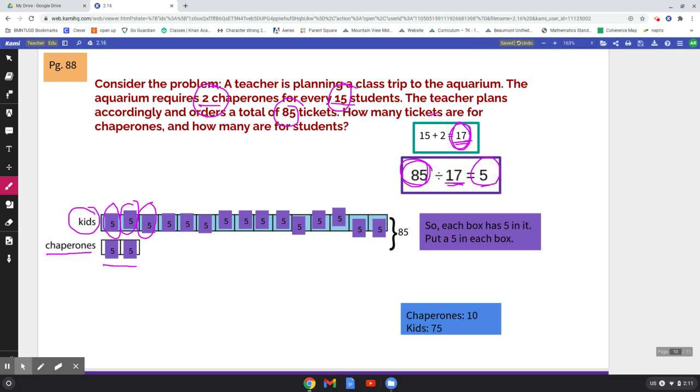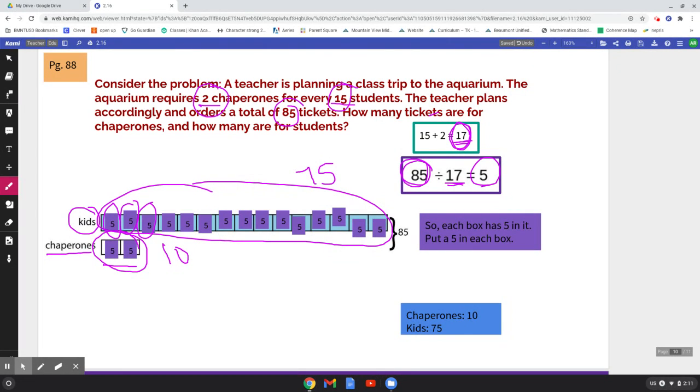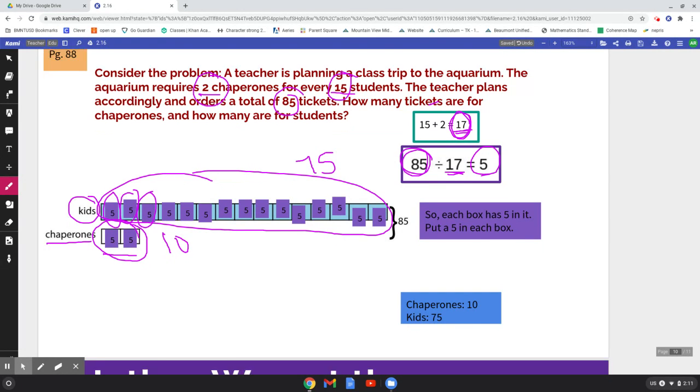Okay, so now if it were to ask how many chaperones, how many kids, if you were to count all of these, this would be 10. And if you were to count all of these, that would be 75, right? So it would still give me the same answer that you saw above for the total.